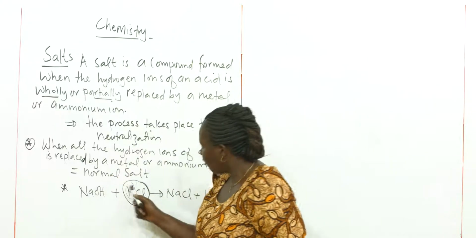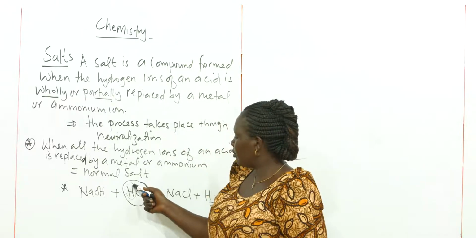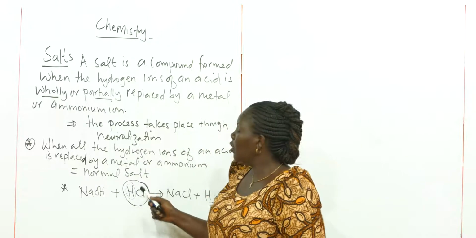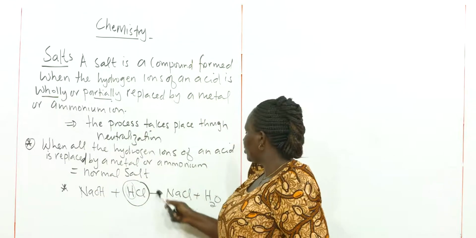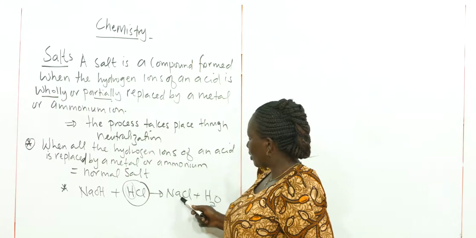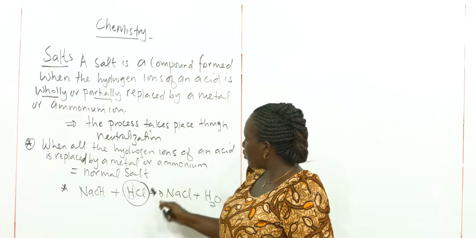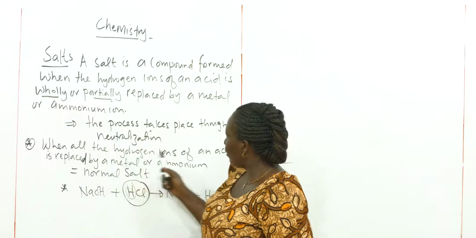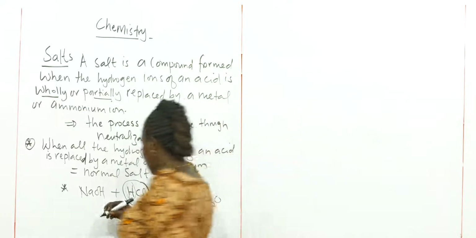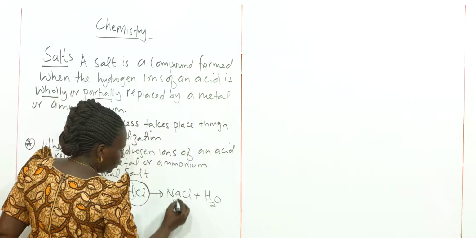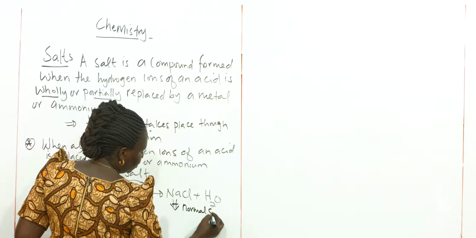So here the only one hydrogen ion from hydrochloric acid is replaced by a metal, sodium, to give us sodium chloride. And the process is called neutralization. So when all the hydrogen ions are replaced, then we have a normal salt. Therefore, sodium chloride is a normal salt.